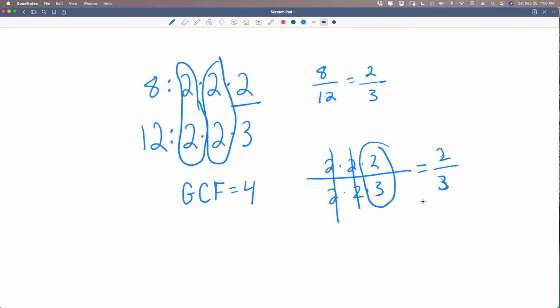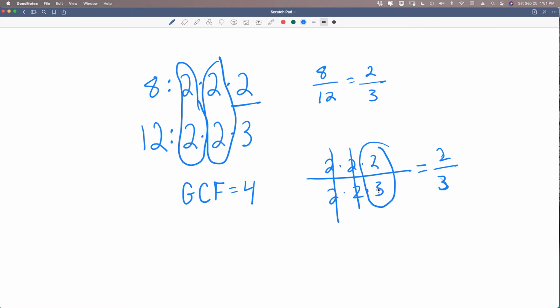So that's one of the main reasons why we find the greatest common factor, so we can eliminate it. We can reduce by that factor and still have the same value in that fraction, but it becomes a fraction that is easier to manipulate or multiply or add or whatever it is that we happen to be doing with that fraction.